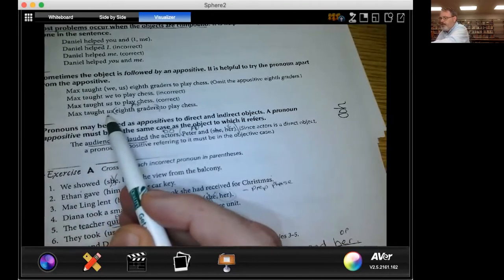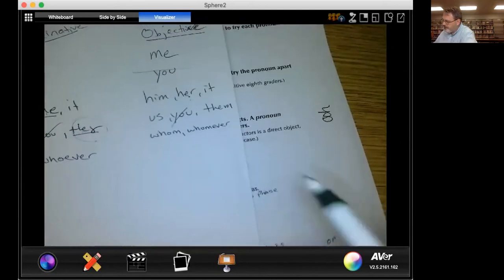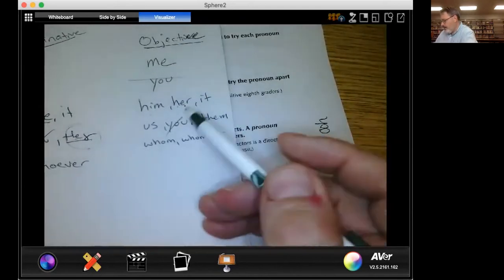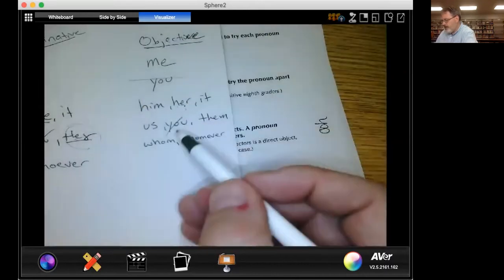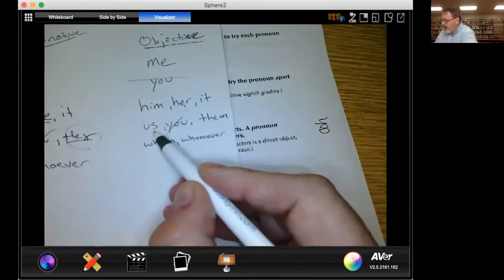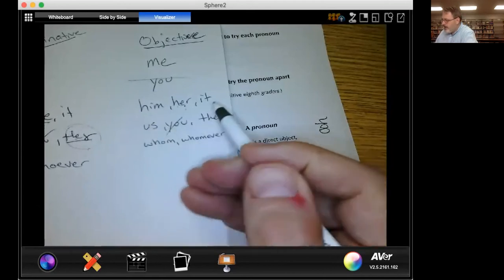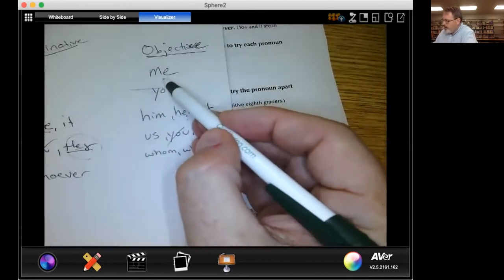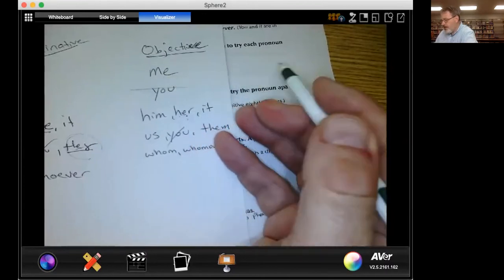We really only have a couple of options here. We know we have to do an objective case pronoun. Us works, them works too, if we're careful. I think we should use us for this sentence just because it's easier. Now you could say, mother told me, comma, her only son, comma. Yeah, why don't we do that?